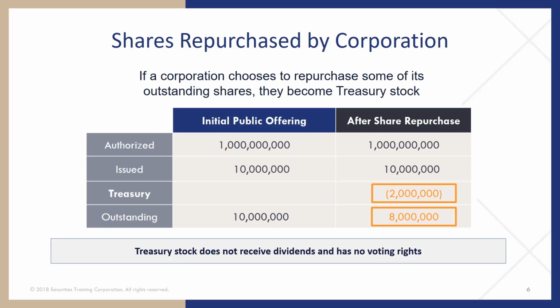So by repurchasing some of their shares, assuming they have the money to do that from previous profits, they could increase their earnings per share, like in my example, from $1 per share to $1.25 per share.